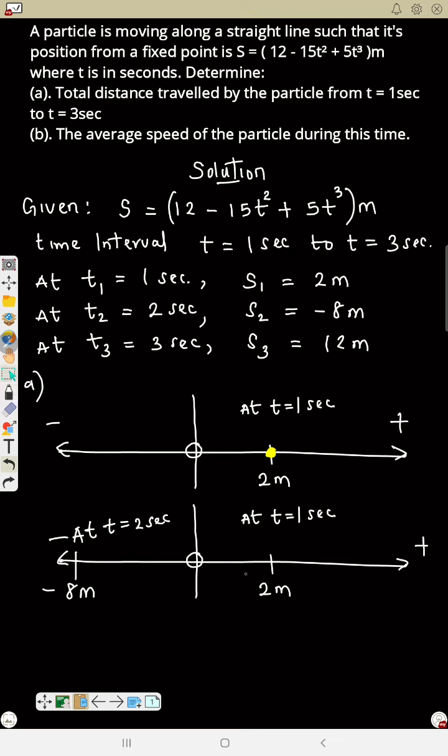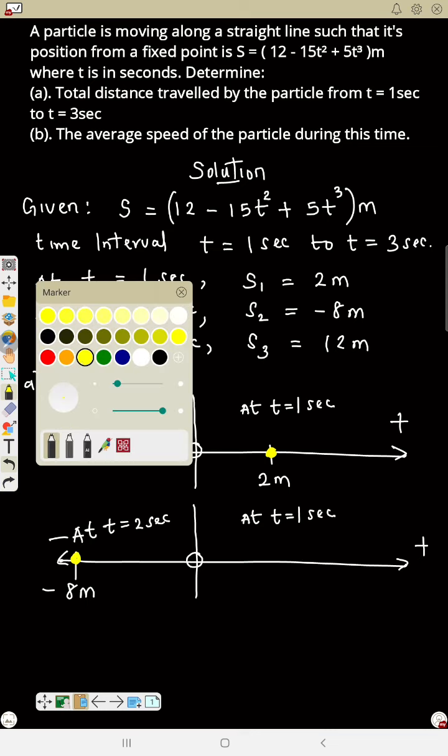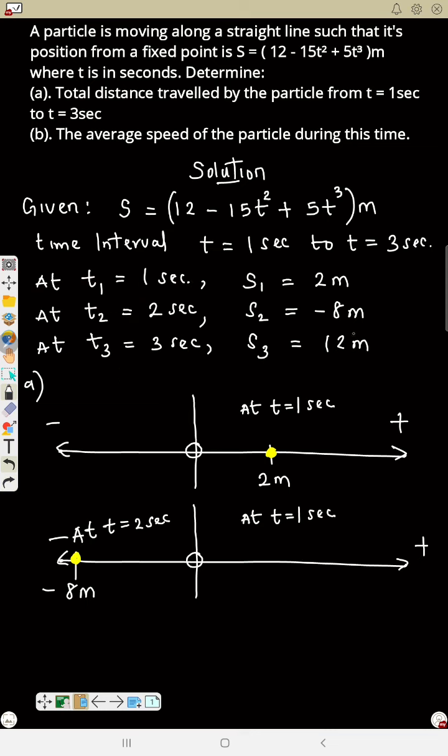That means the particle is not here again. The particle is now here. So the particle is here before. At 1 second, the particle is here. Then as the particle moves another 1 second, meaning at 2 seconds, the particle is here. Then at 3 seconds, the particle is here, 12 meters.